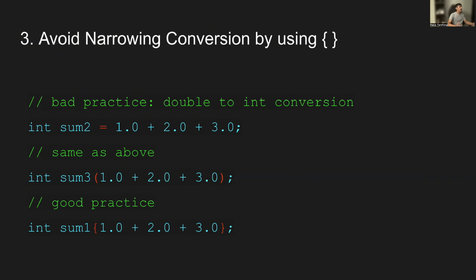Similarly, for the second case, using the parentheses is also an implicit conversion from double to integer. But the good practice is using the braces to do the conversion. Why is it good? Let's see the example code.